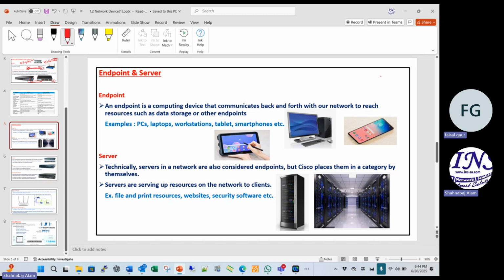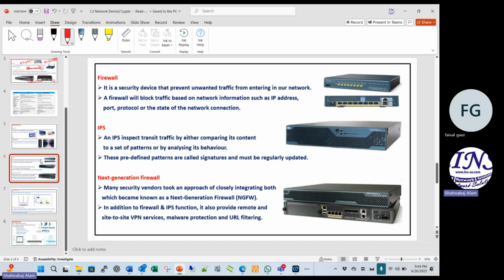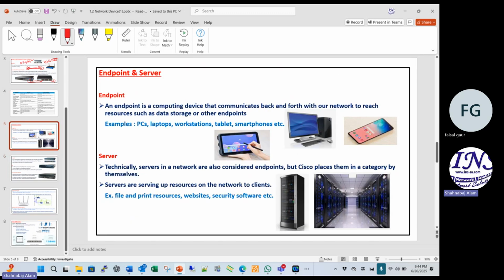So we can continue tomorrow. Four slides are complete and four are left. Right now we are on slide number 5, so we have slides 5, 6, 7 and 8. I think it will take maybe 30 minutes.